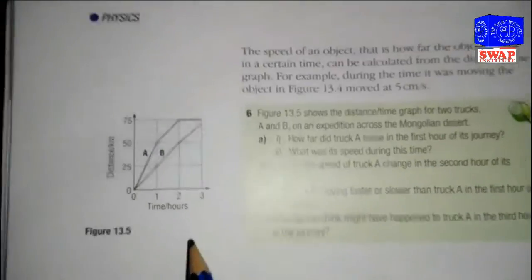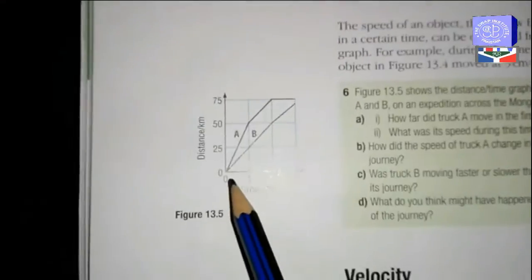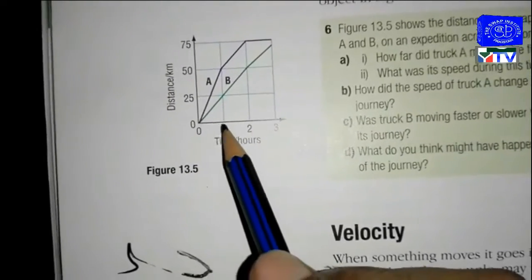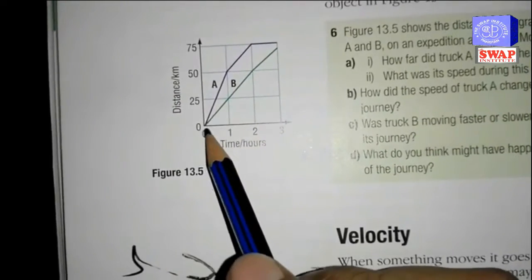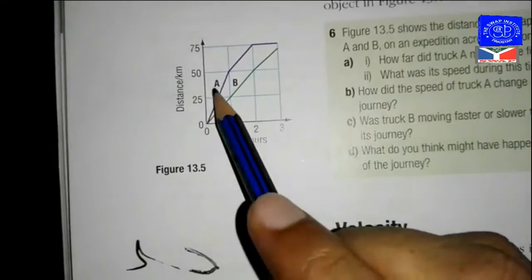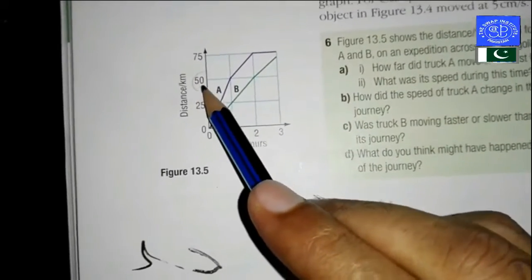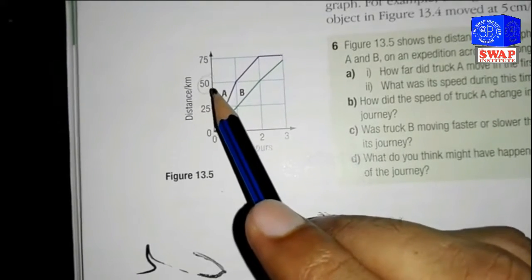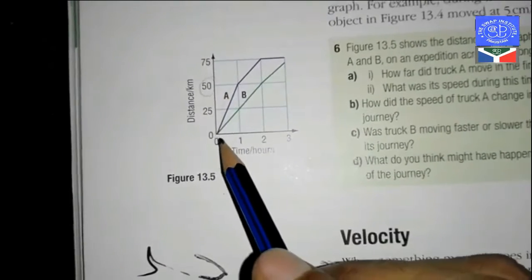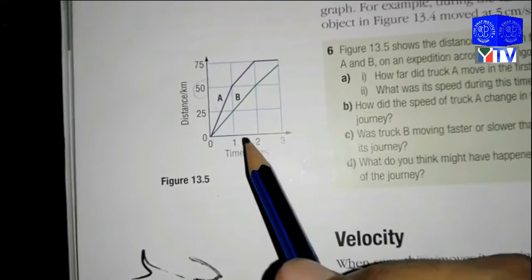In 1 hour, this is the time on the horizontal axis, the truck A traveled 50 kilometers. This is the answer. 50 kilometers distance traveled by truck A in 1 hour.